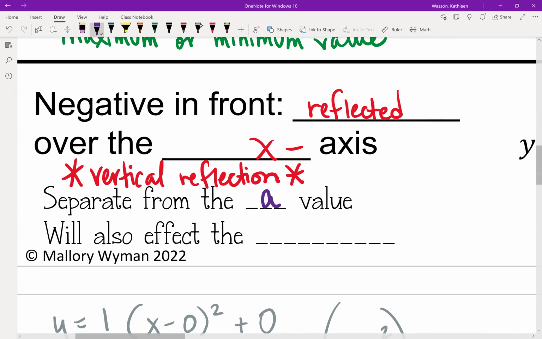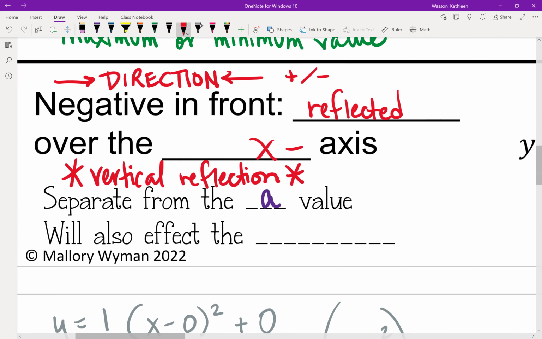So A, that first number that's multiplied in front, affects the shape, and it also affects the direction. And the direction is because it's positive or negative. That'll be the direction it opens. It opens up if it's positive. It opens down if it's negative.